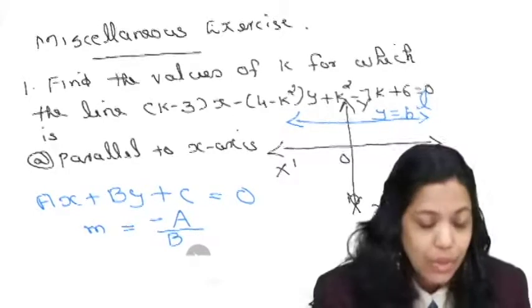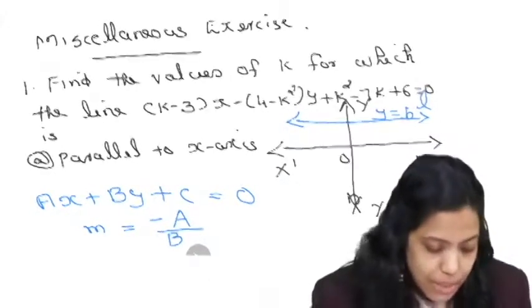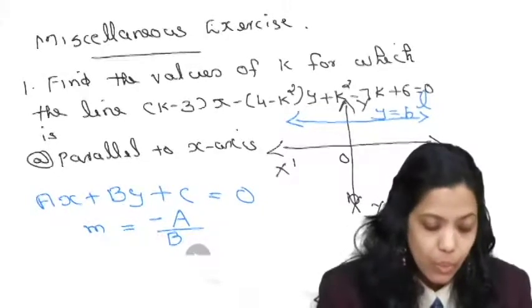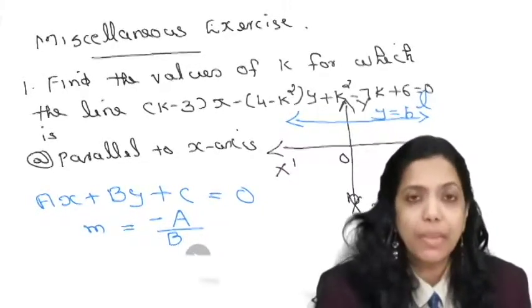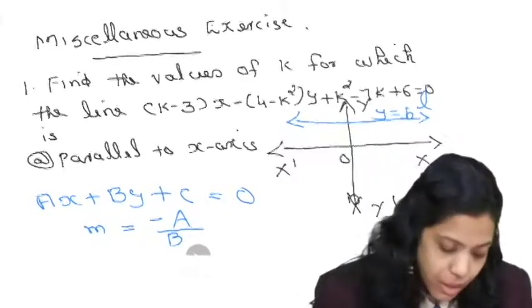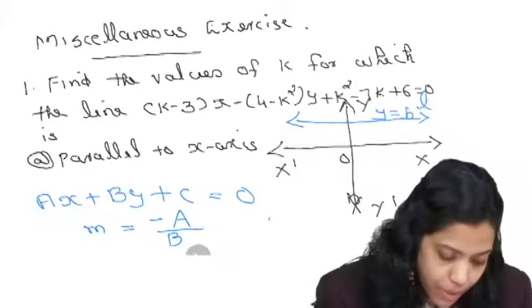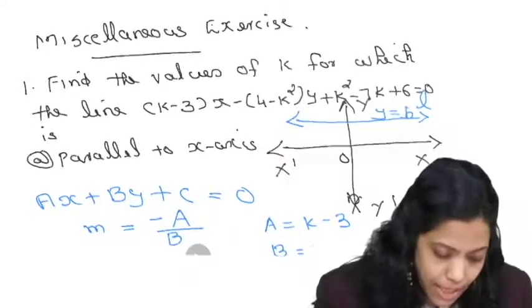So we just have the comparison between the given straight line (k minus 3)x minus (4 minus k square)y plus k square minus 7k plus 6 equal to 0. From that we can enlist the values of a, b and c. So here if you do compare, a equals k minus 3 and b equals negative of (4 minus k square).